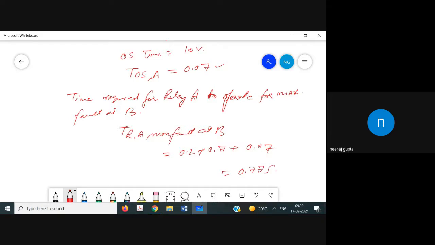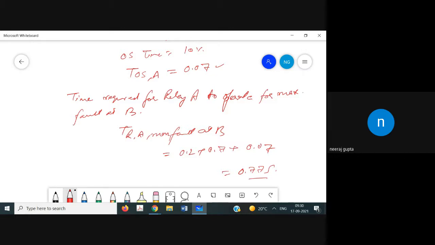So this is actually the time required for relay A to operate. This is the time required for relay A to operate for the maximum fault at B. Now, this is about the time required and the CT ratio.